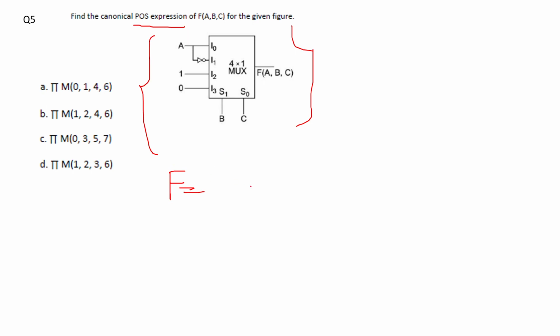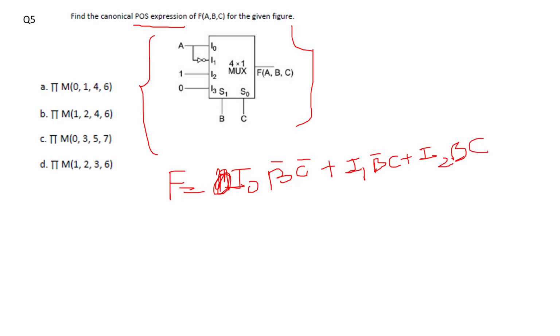Again referring to the 4:1 mux expression, I can write it as I0 B' C' plus I1 B' C plus I2 B C' plus I3 B C. Now we fill in the values of I0, I1, I2, I3 according to the figure.